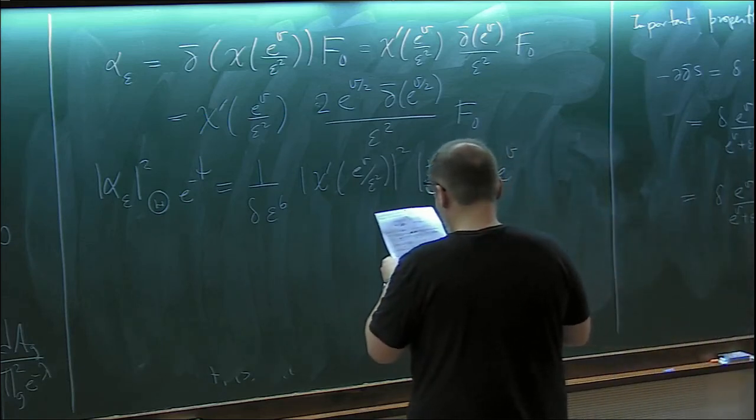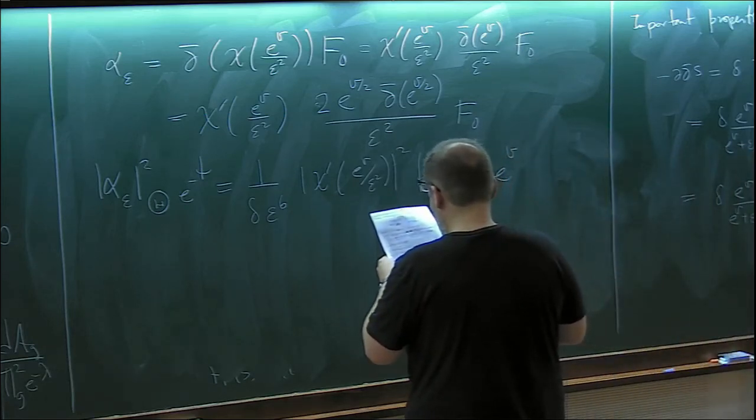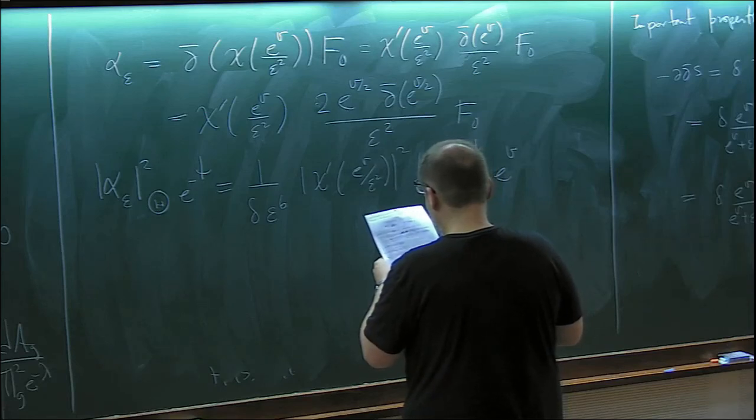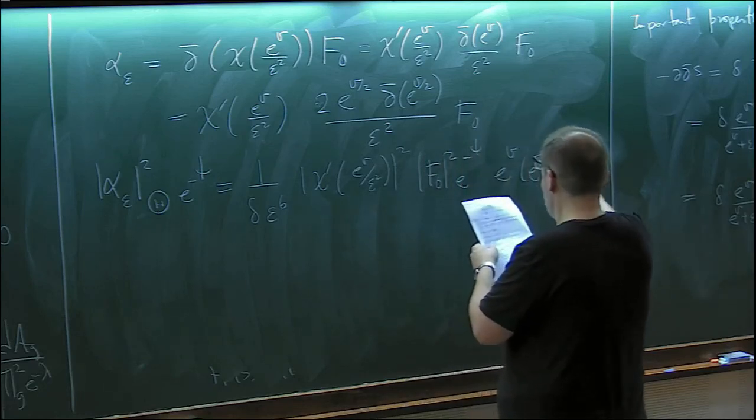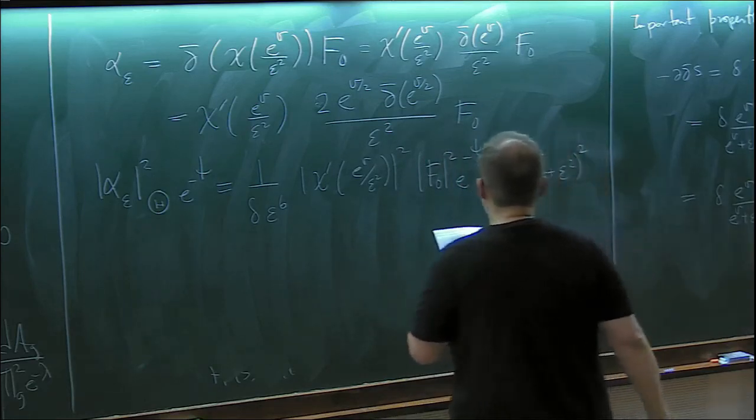So let me just write that out. And then e to the v plus epsilon squared squared.